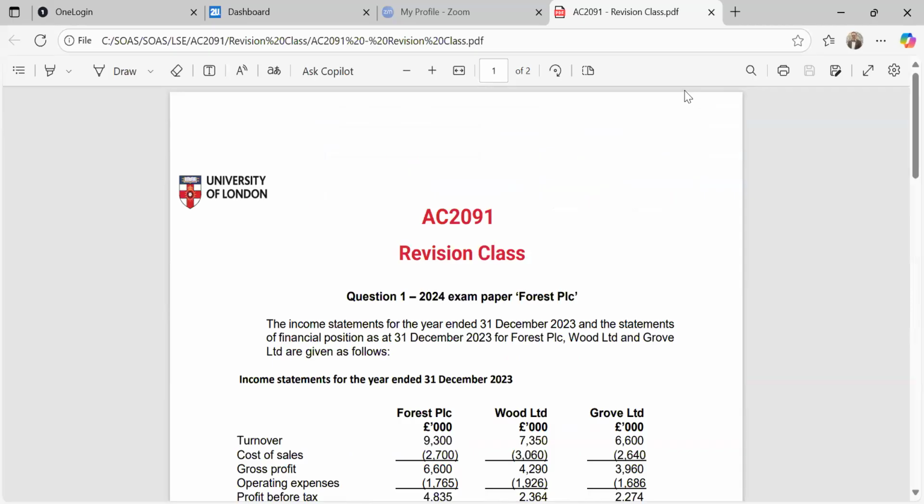And just confirm in the chat box whether you have now received this document, because I'm going to start very soon.